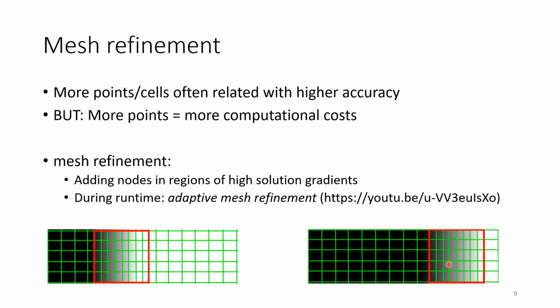And at some point your front is moving, and now your tracer front is over here, your steep gradient is over here. And now you want to have this region highly discretized. And where we were previously, over here, now there is no action, so there's no reason to have a fine mesh over here. All right, so this is what's called adaptive mesh refinement. This is a very complex process with high computational demands.